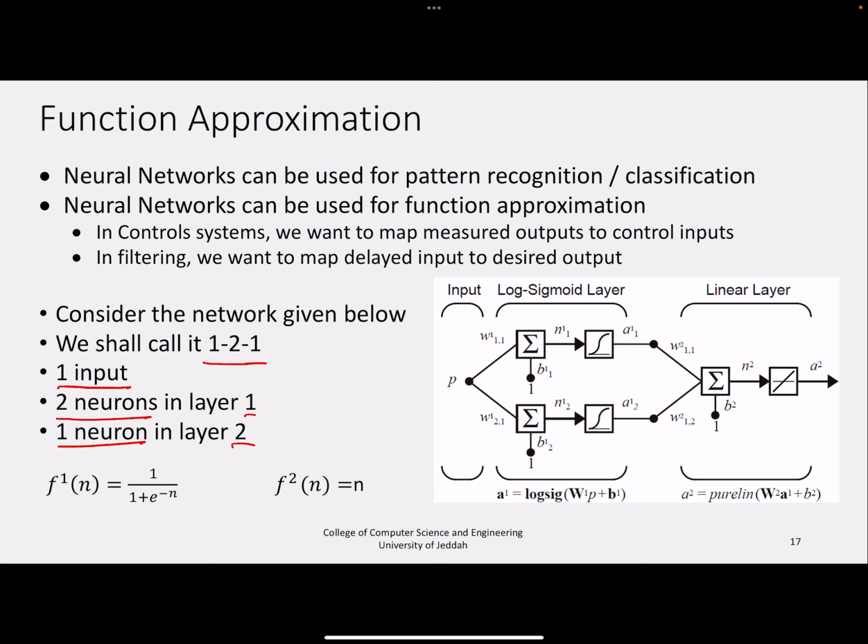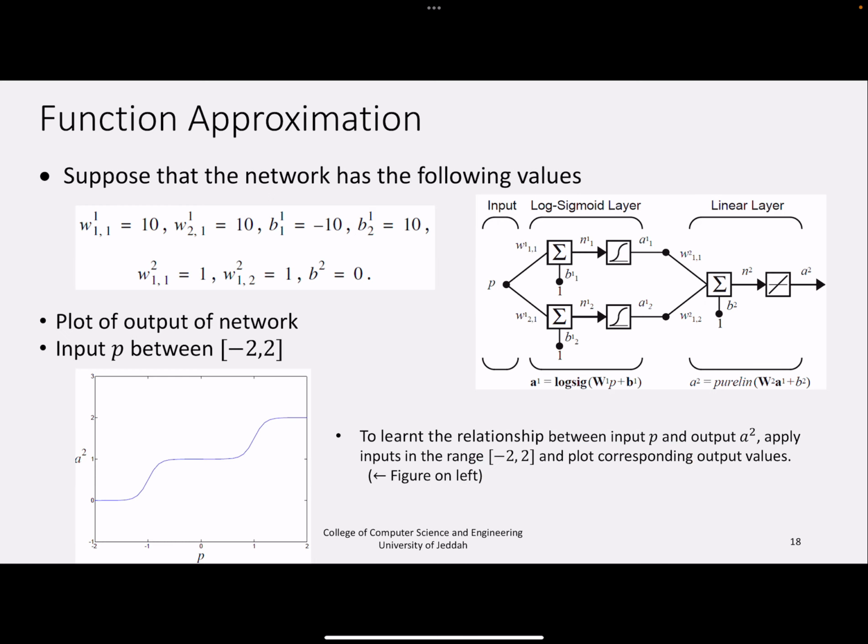And we're going to use these two functions as activation functions in layer number 1, and this one in layer number 2. I'm just going to give you, for a start, some weights that we're going to use.